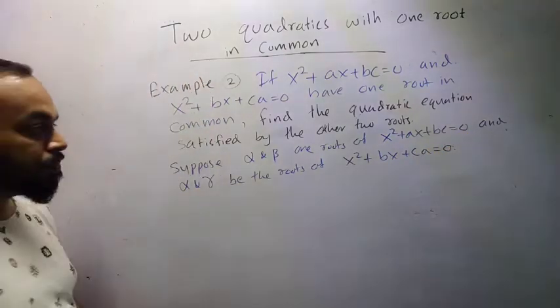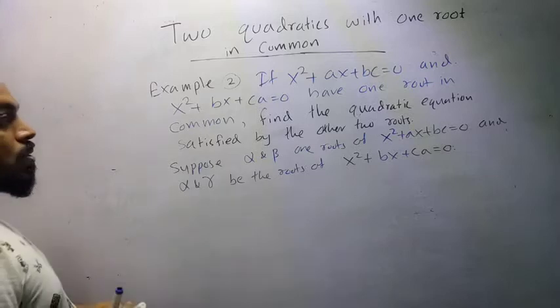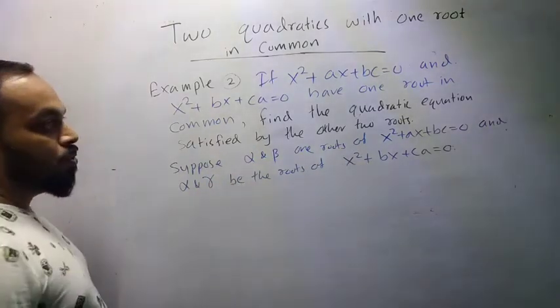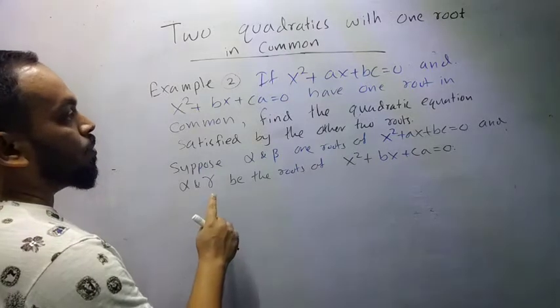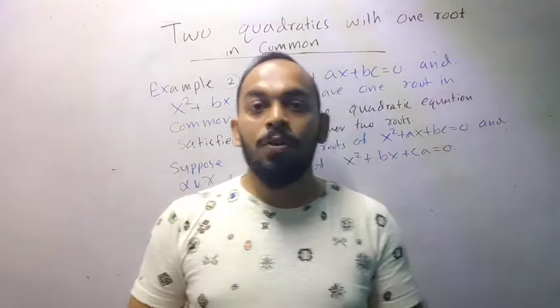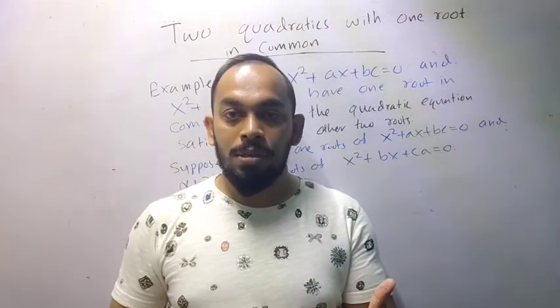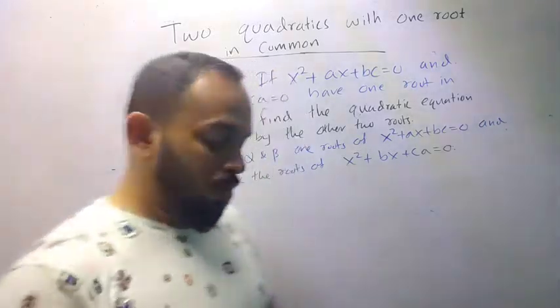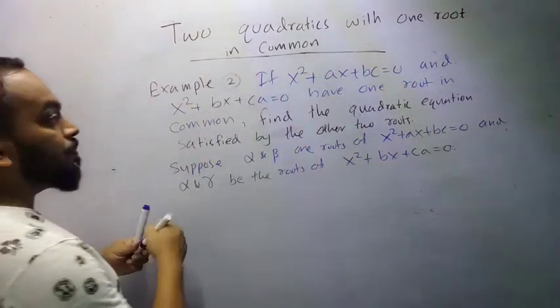Right. So what does it mean? Here you can see that alpha is the common root. So we saw in the theory part that you have to find alpha first. After you find alpha, then you can find the other two roots. So we do the same thing.